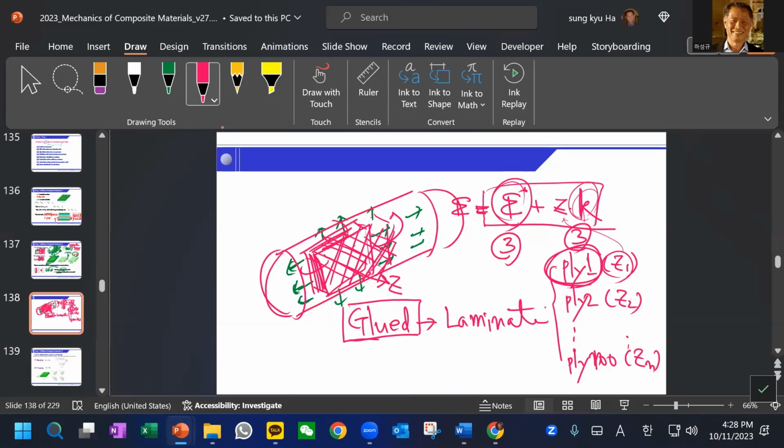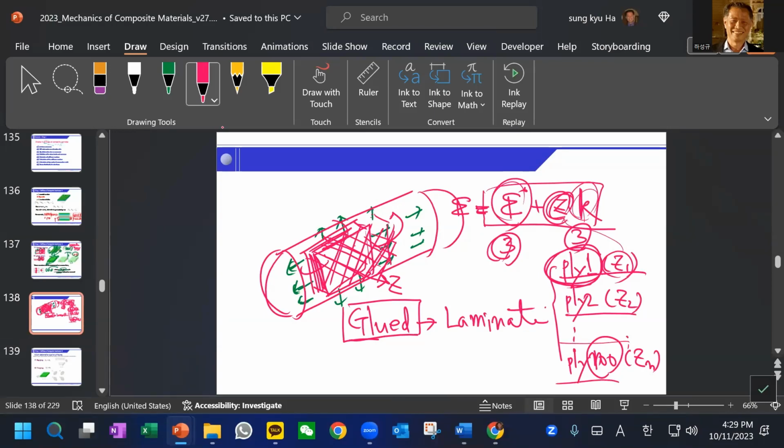So how many do we need to know? We need to know only 6. And then if we plug in for 100 plies, we multiply by z1, z2, z3, so we can get all the strains in each ply.